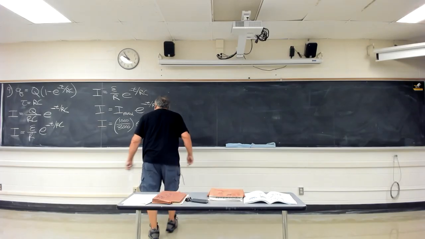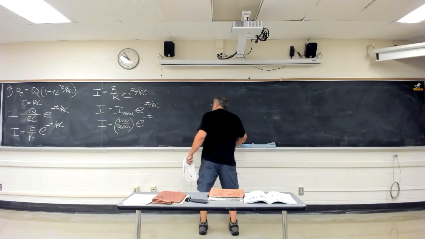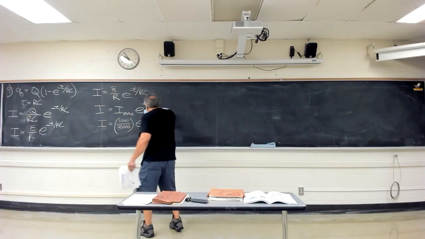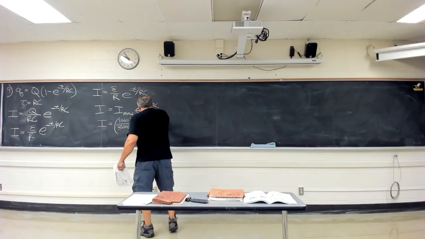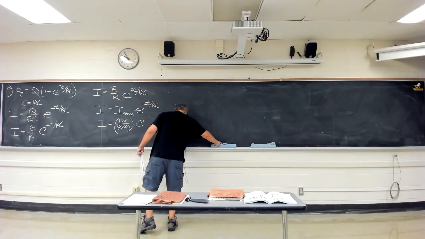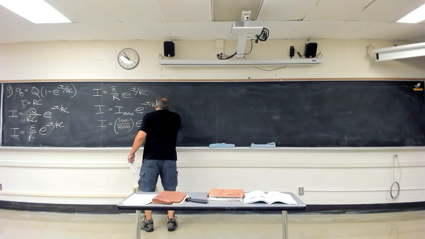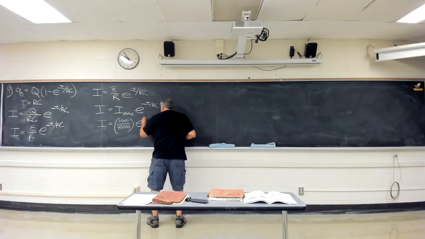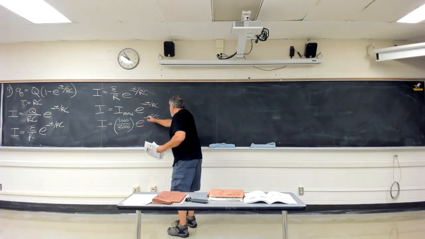This is interesting. This RC right here is tau. When t is equal to tau, and RC already is tau, tau over tau is 1.